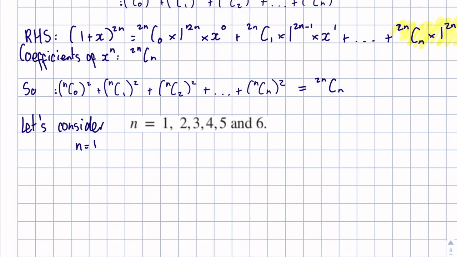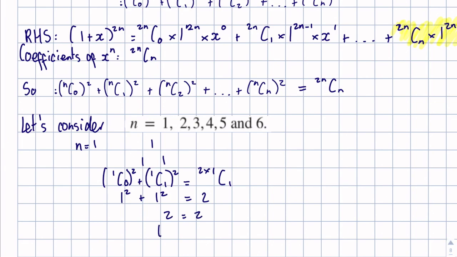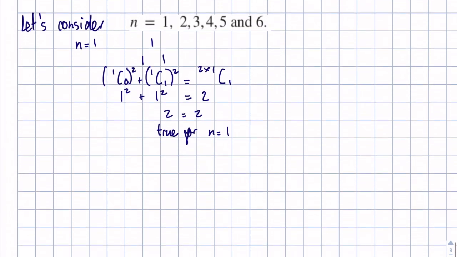So that's 1, 1, 1, yeah. So what we're saying is 1C0 plus 1C1, both of them squared, equals 2 times 1C1. 1C0 is 1, 1C1 is 1, 2C1 is 2, so 2 equals 2, true for n equals 1.